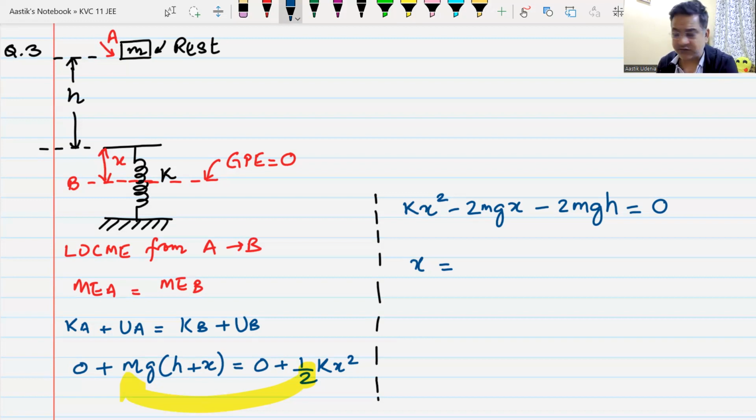Do you know quadratic equation? Yes or no? No one?